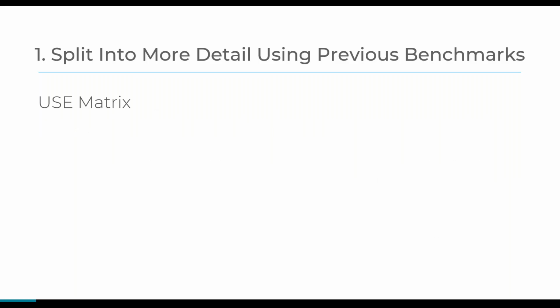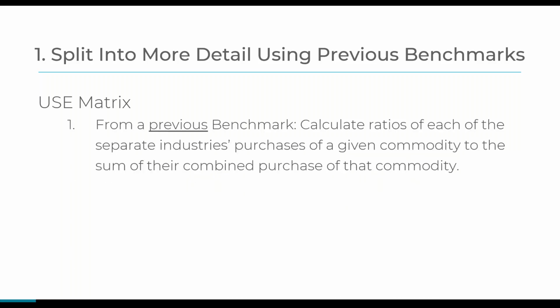So I'll first talk about splitting into more detail using previous benchmarks. I'm going to start by talking about how we do it for the use matrix. I'm going to talk about it in words first, and then I'm going to give you some examples in tables with some fake numbers. From a previous benchmark, we're going to calculate ratios of each of the two separate industries' purchases of a given commodity to the sum of their combined purchase of that commodity.